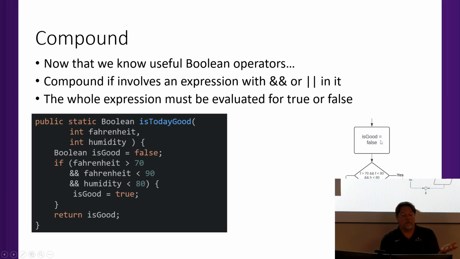And the great thing is we don't have to learn a new thing to flowchart, because all we do is put more junk inside the little diamond box. The expression just gets more complicated, but it's exactly the same kind of flowchart.